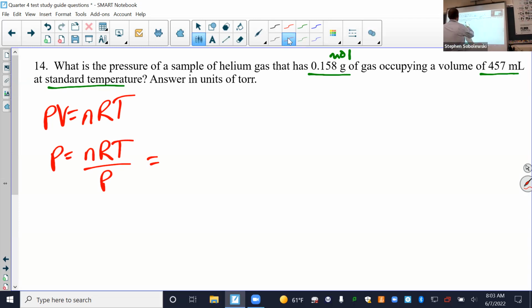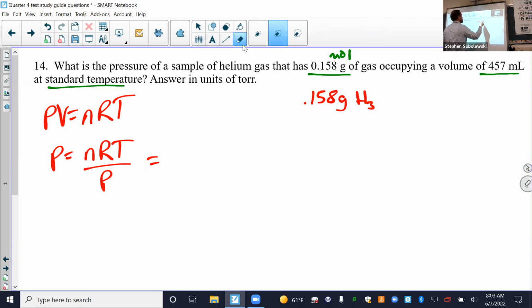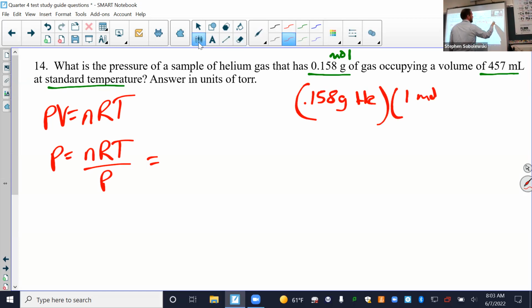So for moles, I have helium gas, this many grams of it. So 0.158 grams of He, times 1 mole over, just using helium, 4.00 grams, which gives us 0.158 over 4, 0.0395 moles.